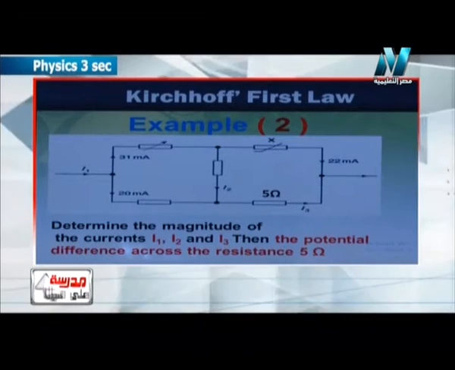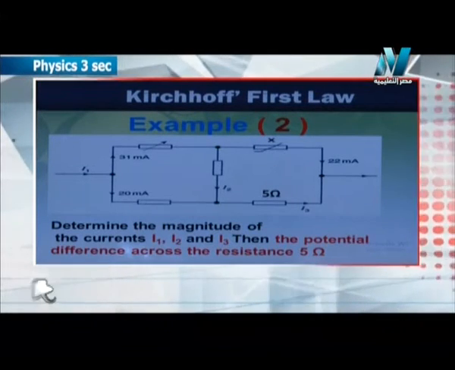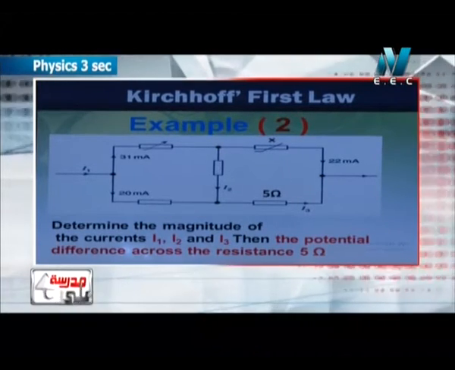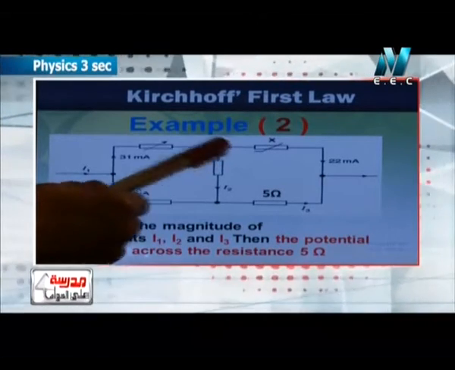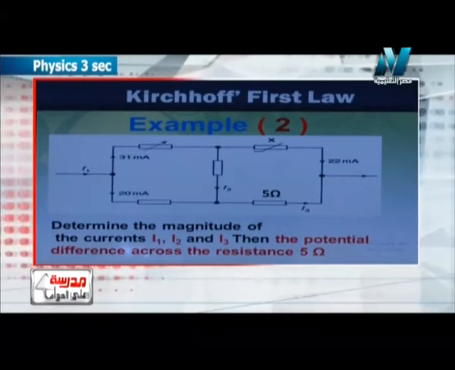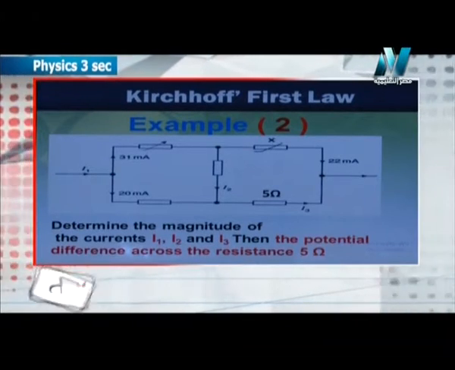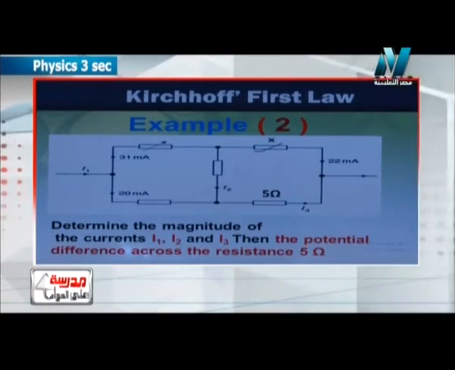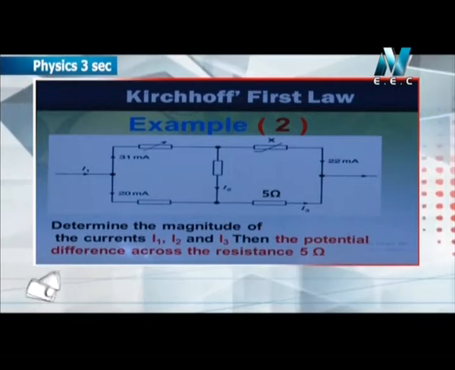The 31 continues its path until it reaches that point, where it divides into two branches: one branch to component X, 22 milliampere, and the other branch I2.